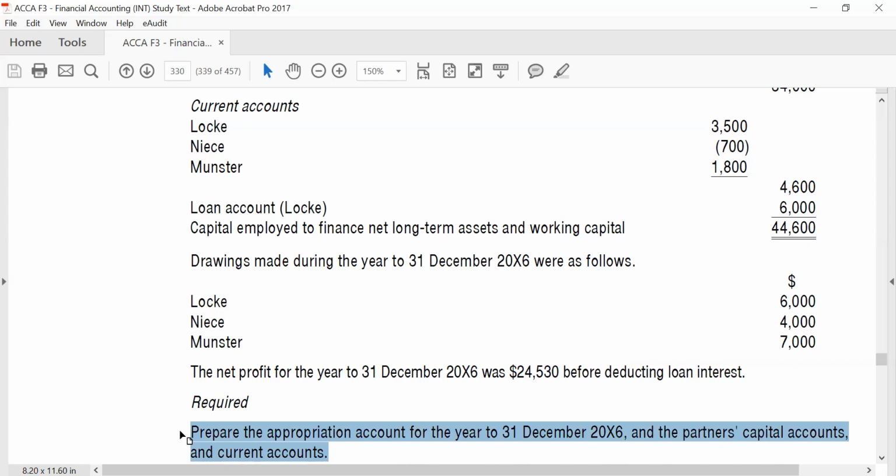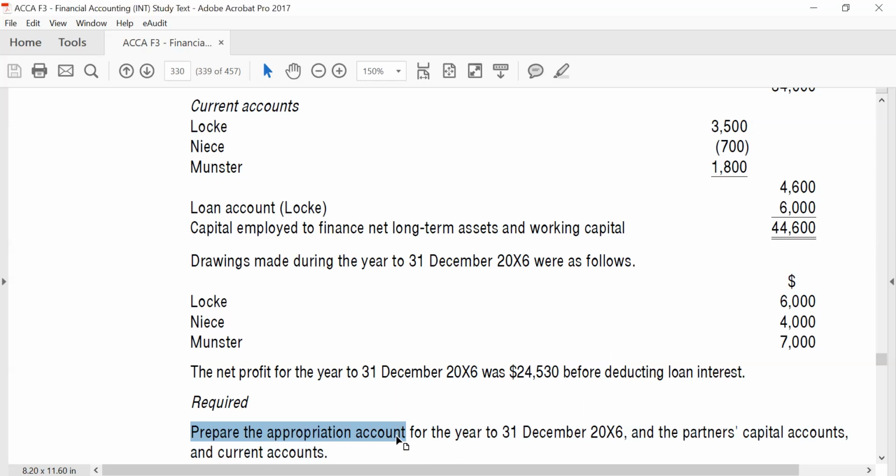Now, as you can see in this question, they have not asked us to draw the P and L. So some questions can ask you to draw the P and L, but remember, if you remember our steps for preparing the appropriation account, the first step was to determine our profit.